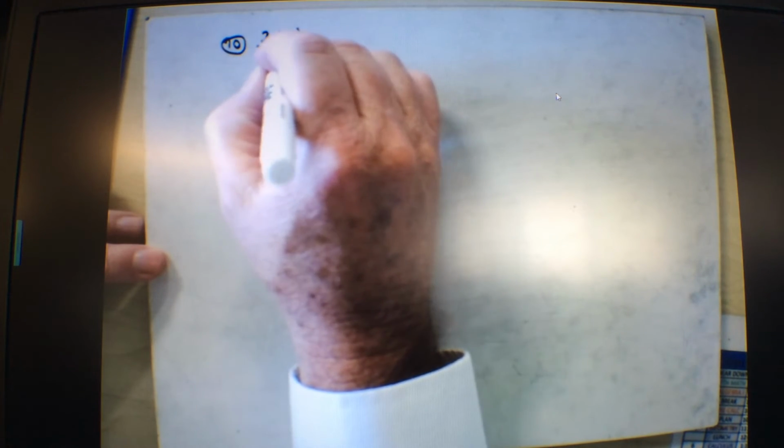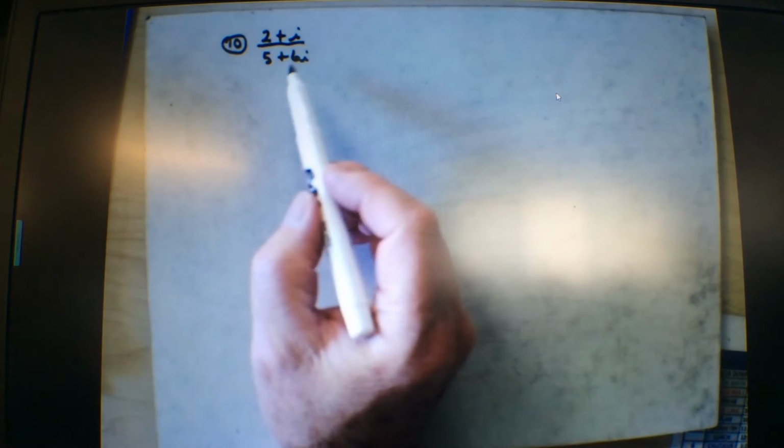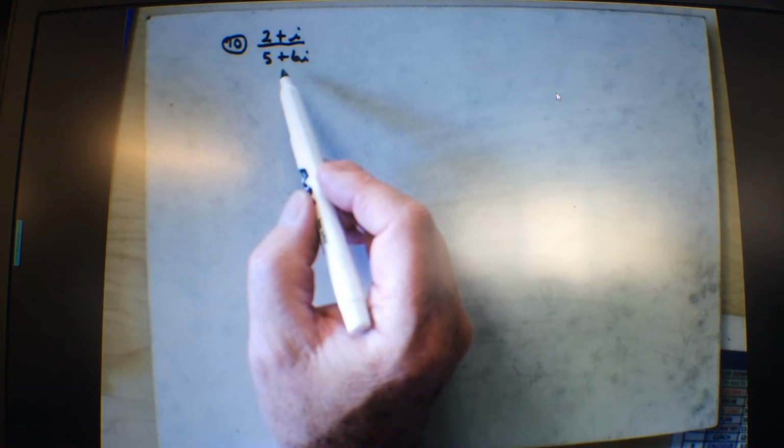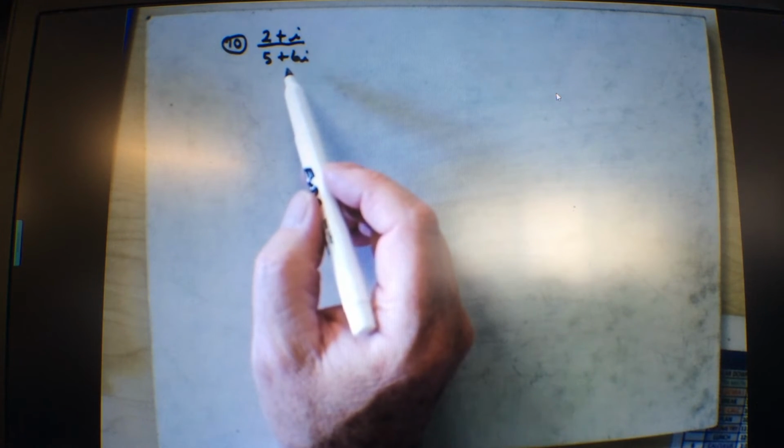We have a problem if it's like this. Now we have not only a product, we have addition in the denominator. This is a full-blown complex number, okay? And you remember I told you when we were dividing, when we multiplied those two together, we came up with a real number? Our answer was like 13.